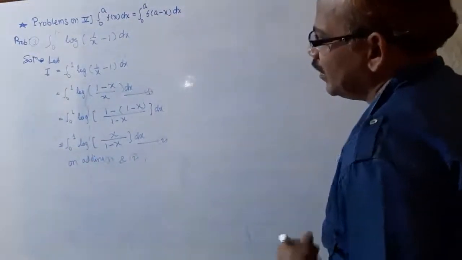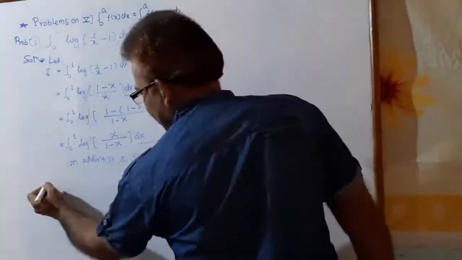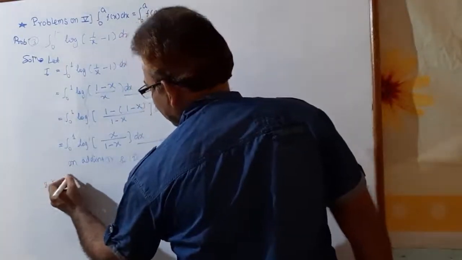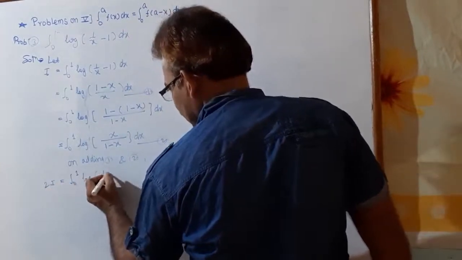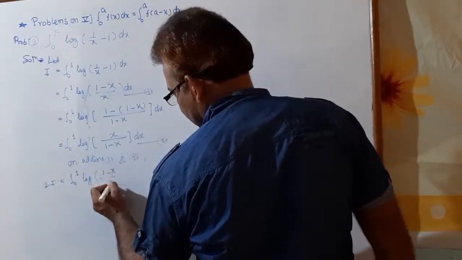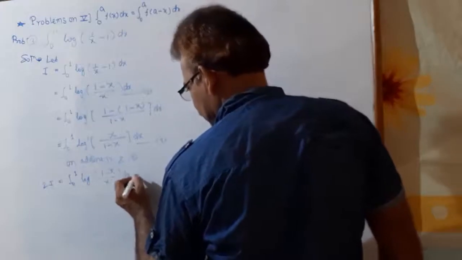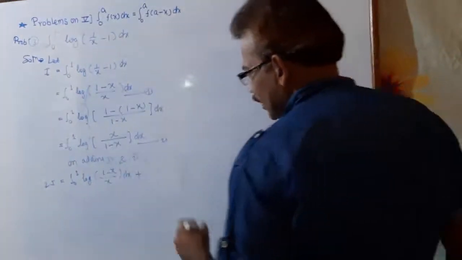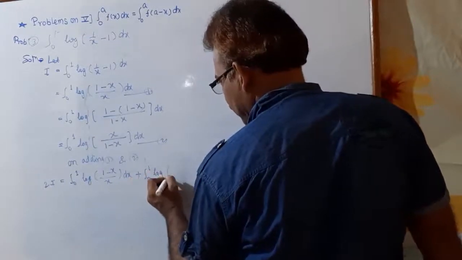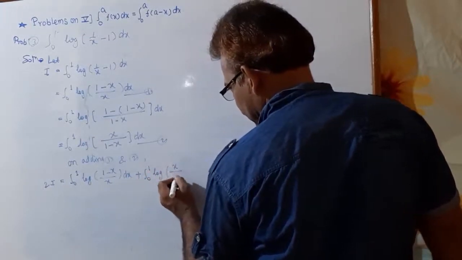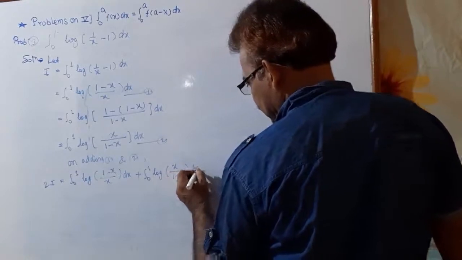take addition, left side is I, so left side I plus I means 2I, right side integration 0 to 1 log 1 minus x divided by x dx plus from 2 integration 0 to 1 log x divided by 1 minus x dx.